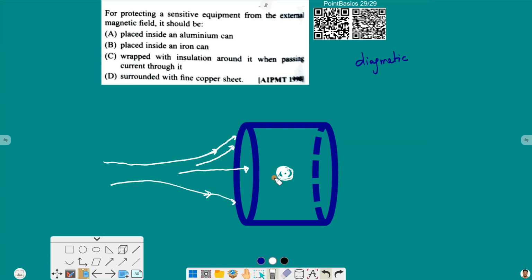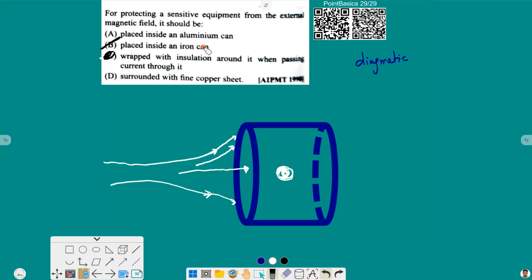That is done with the help of, we can say, guiding the magnetic field or diverting the magnetic field through a highly magnetic material so that it can move more easily through that material, and using this property we can divert the magnetic field. So here option C will be the right answer, sorry, not option C, option B, placed inside an iron can.